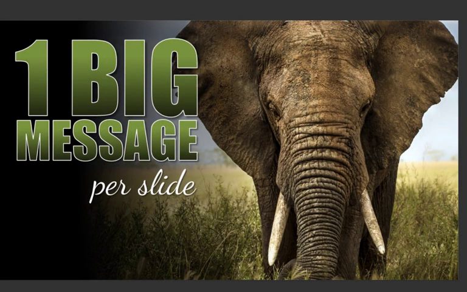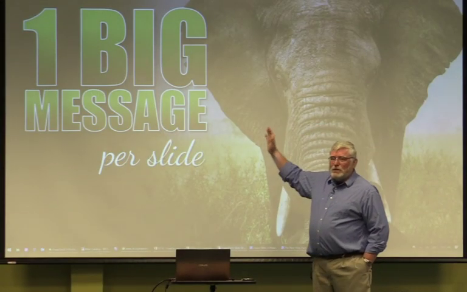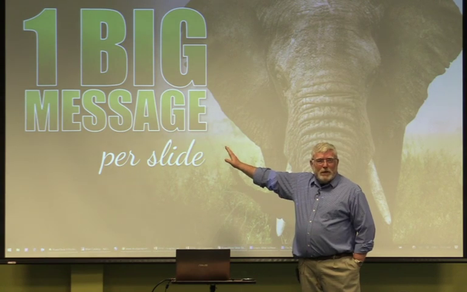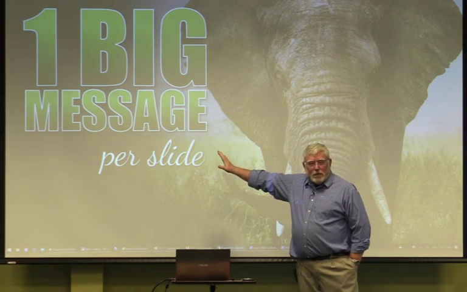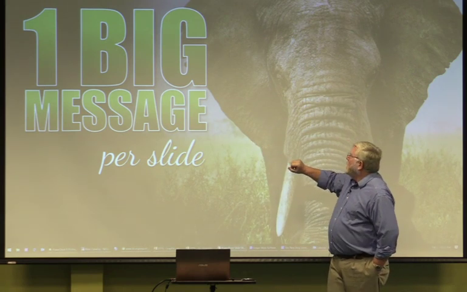Now, thinking about the things that we've already talked about, think about the design process, the thinking that went into creating this slide. First of all, I've got something pretty big. Secondly, I used a partially transparent, dark gradient to create an area for the message.